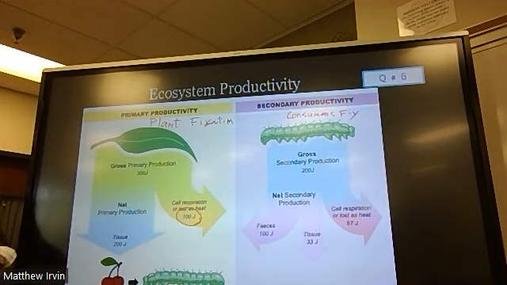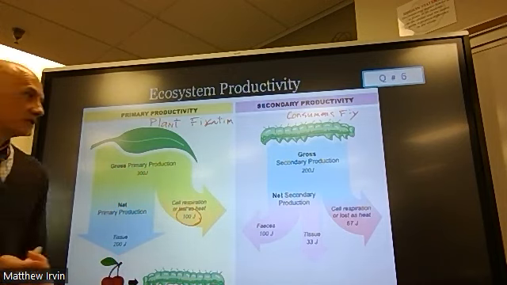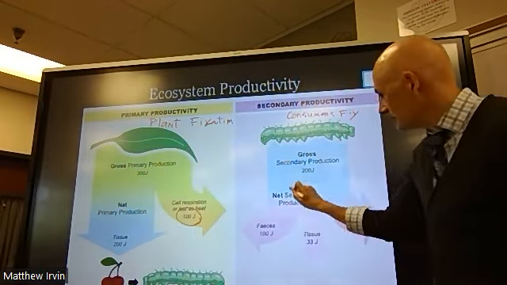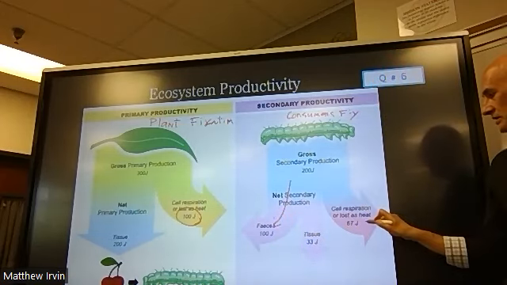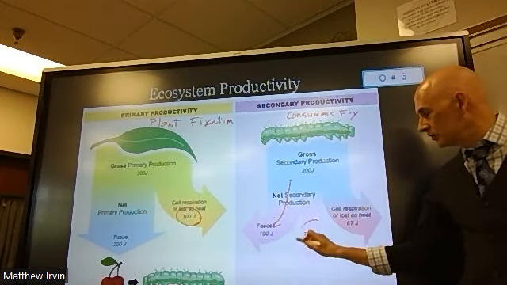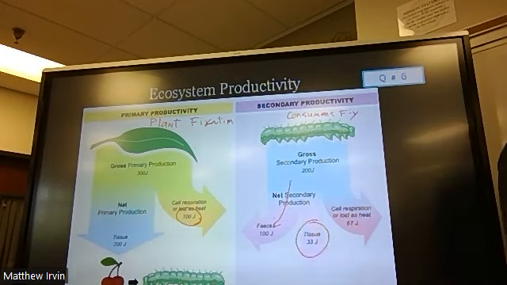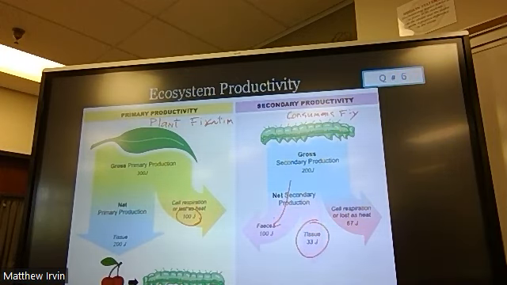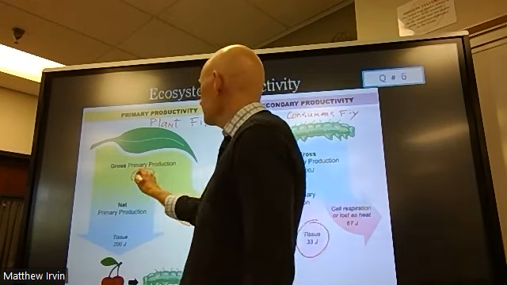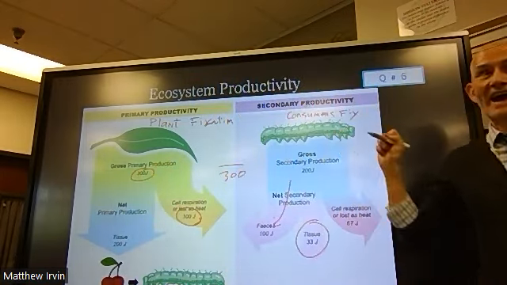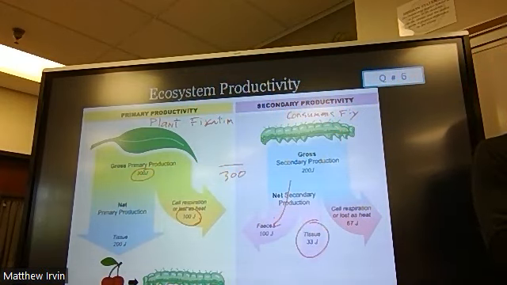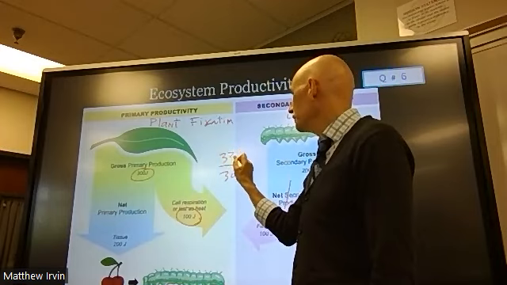However, out of that 200, the caterpillar is going to lose some of it in its poop. It's not 100% efficient at extracting that. It loses some as cell respiration. And so what it actually accumulates is 33 joules. So if you are asked to calculate the secondary productivity from this, your original amount was 300, and how much the caterpillar actually assimilated into its own tissue was 33.